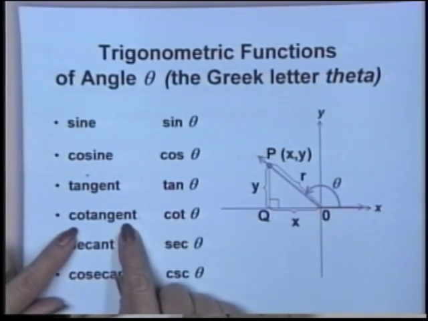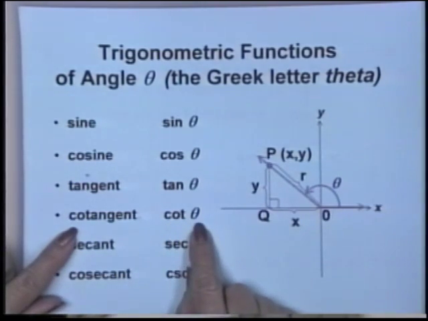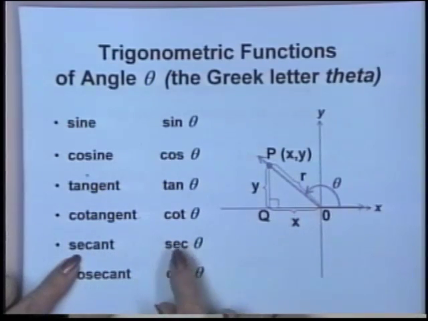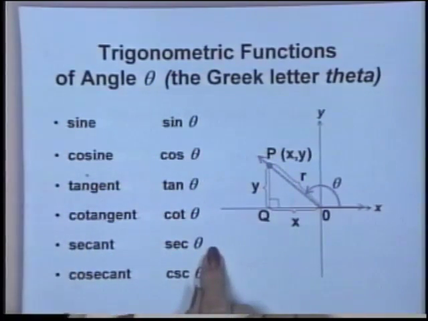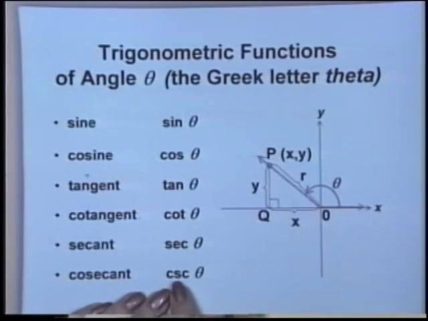The abbreviation for the cotangent is COT, and this would be the cotangent of theta. For the secant function, we abbreviate it SEC, and this would be the secant of theta. And for the cosecant function, we abbreviate it CSC, and this would represent the cosecant of theta.